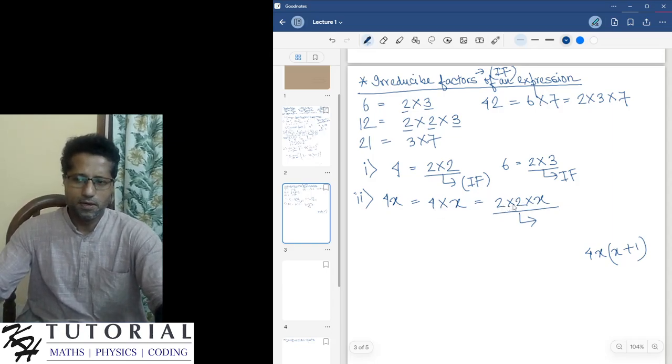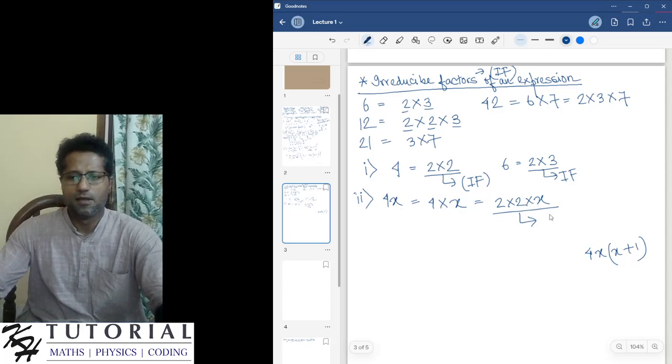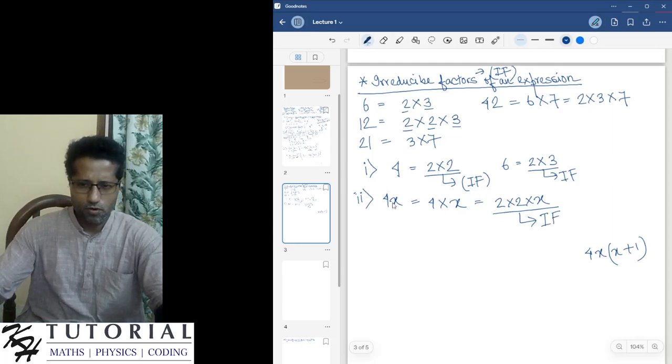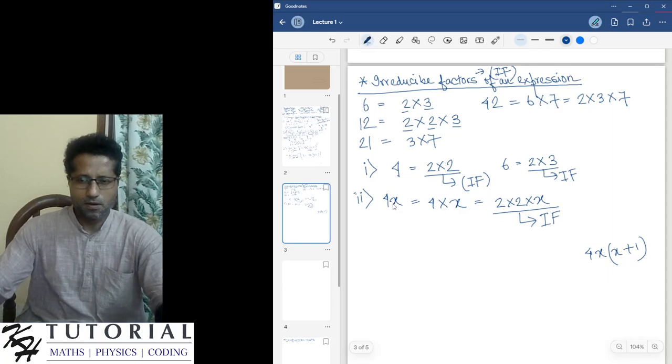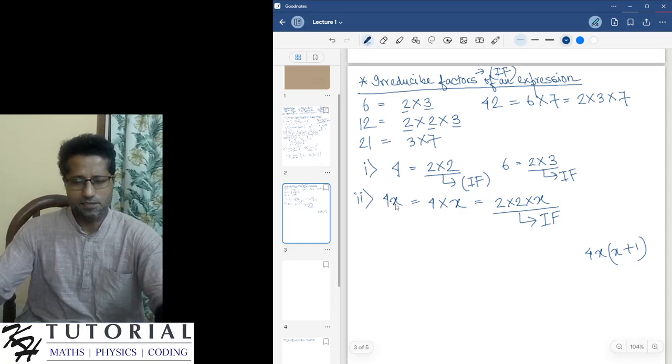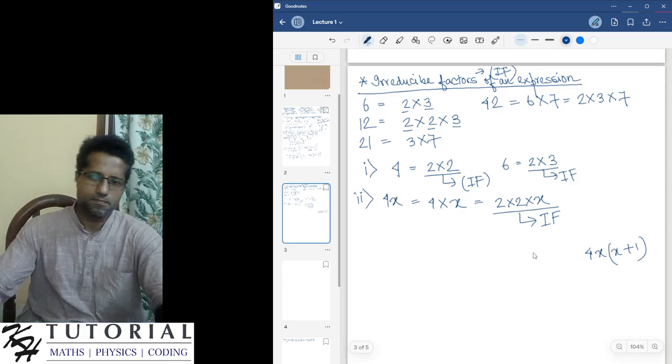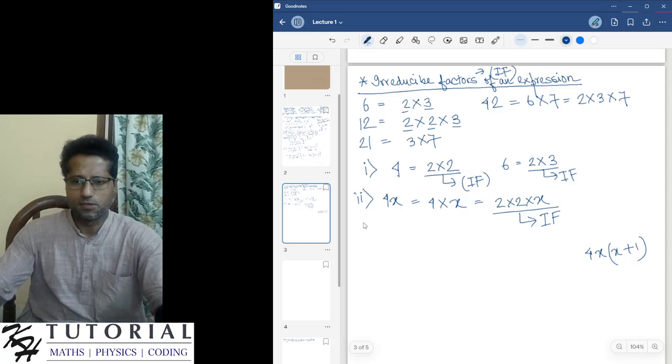Now 2 into 2 into x is an irreducible factor. The factor 4x is irreducible when it is written as 2 into 2 into x. So that is the concept.